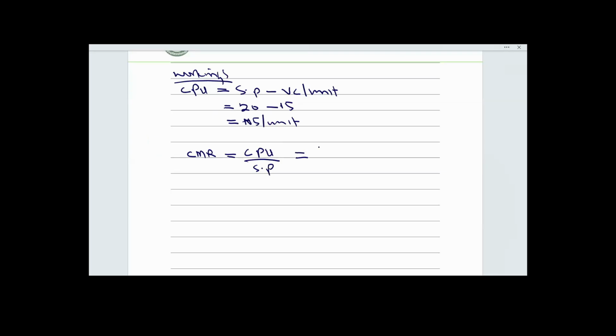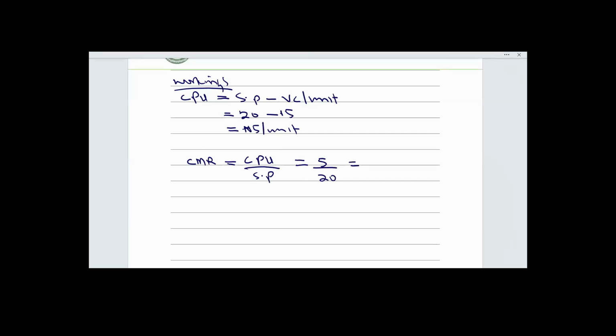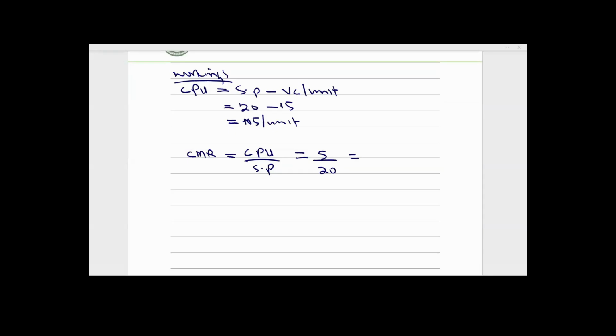Contribution per unit is 5 naira, selling price is 20 naira. Therefore, contribution margin ratio would then be equal to 5 divided by 20. That's 0.25 or 25%.